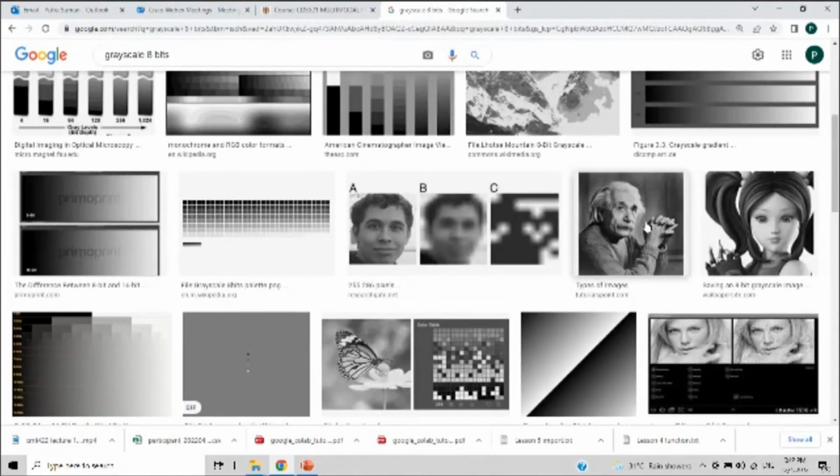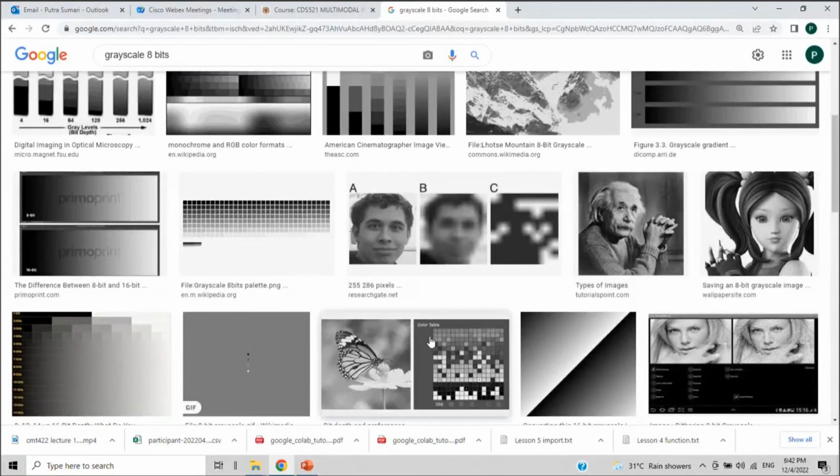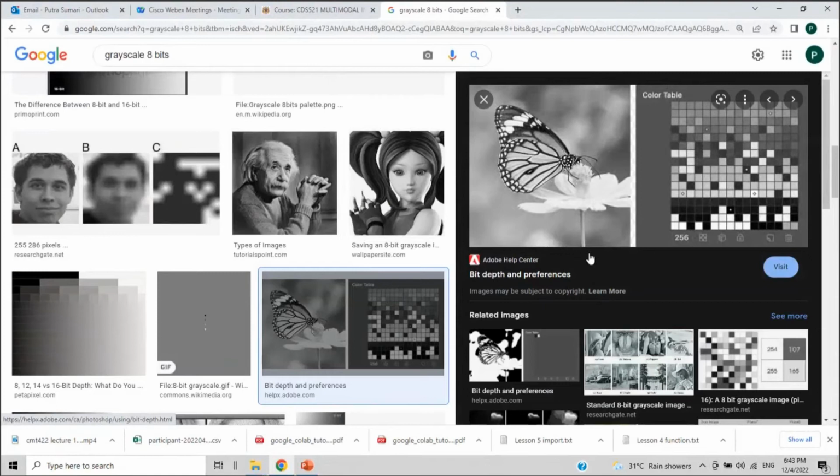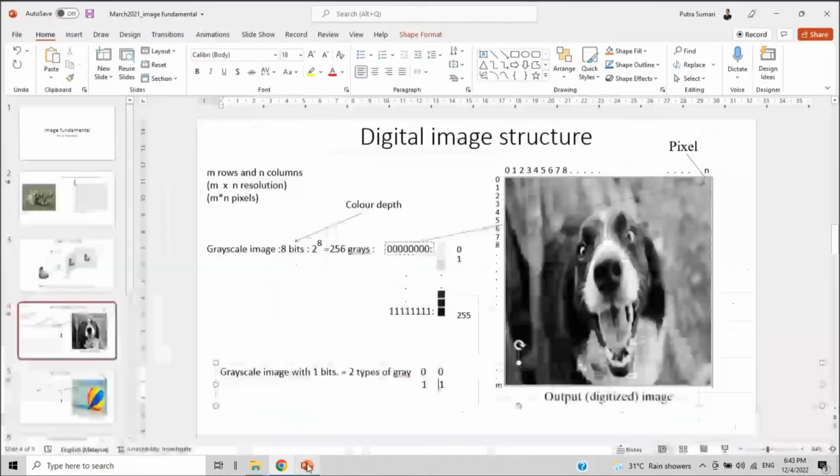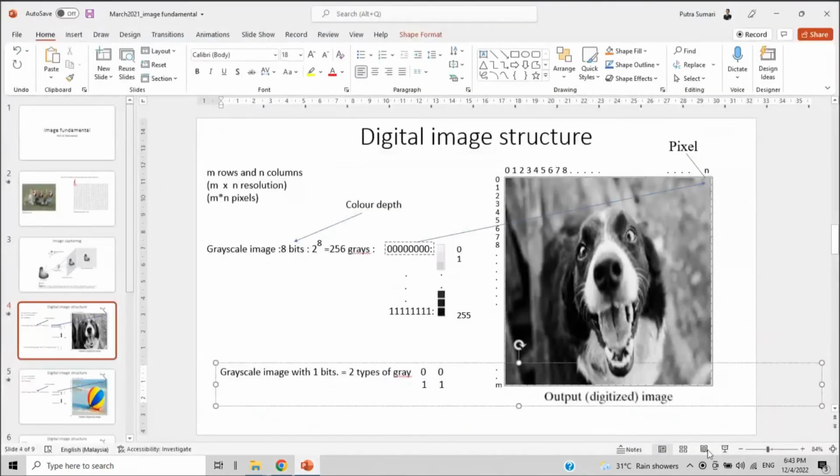If you put in more than 8 bit, our eyes see the same; our eyes don't catch the difference. So normally when you say grayscale, it is 8 bits, 256 levels. I hope you understand the concept.